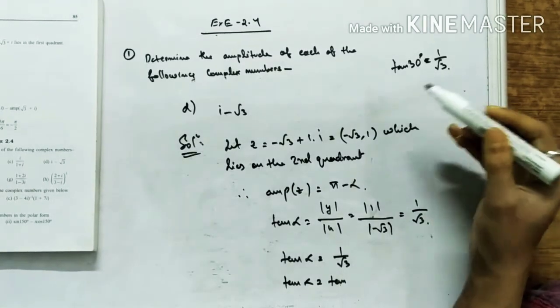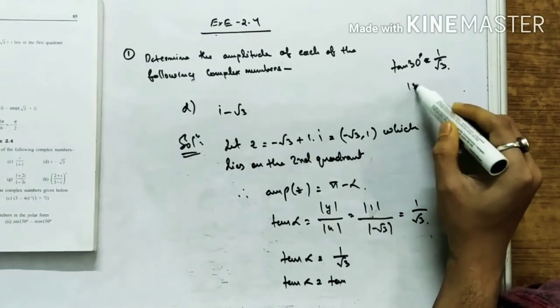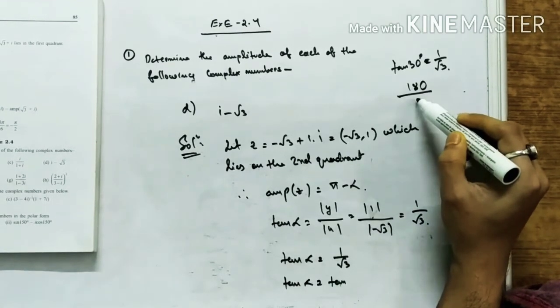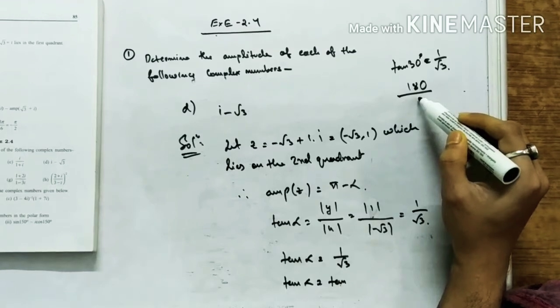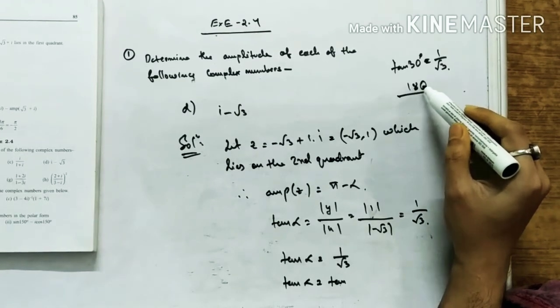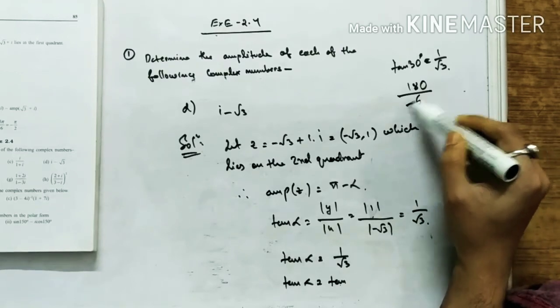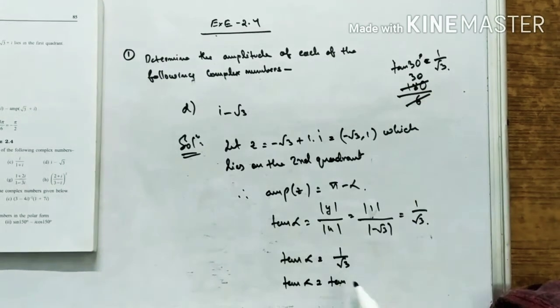So 30 degrees, how can I write it? 30 I can write as 180 by 6. Then it gives me 30. So I can write it as pi by 6. Understand? So alpha is equal to pi by 6.